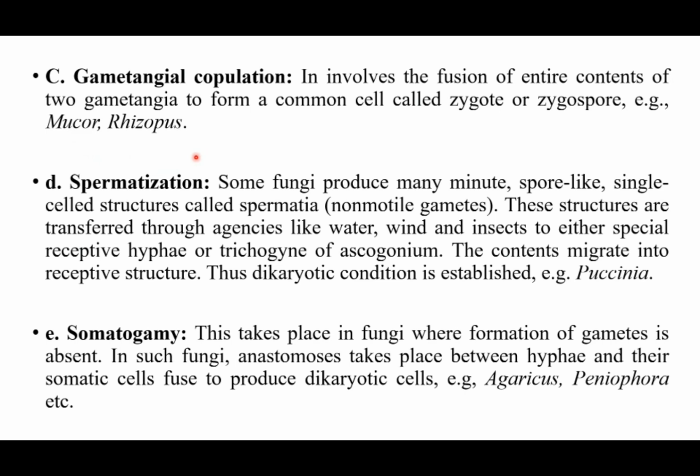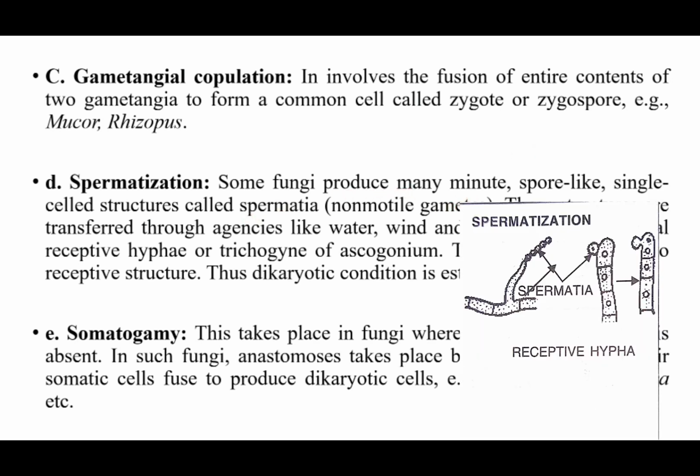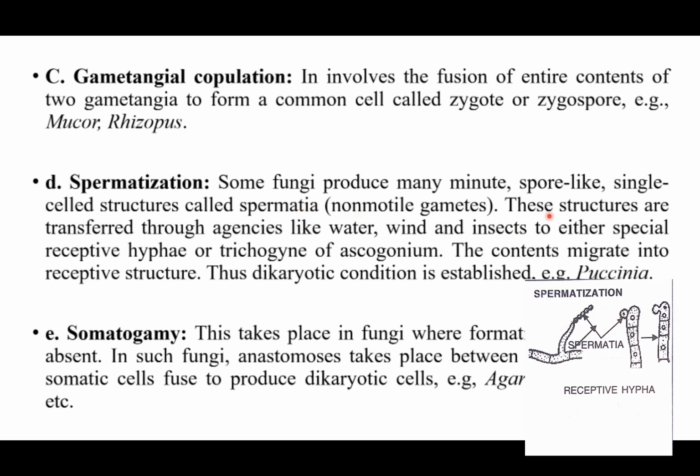So what is the difference between the previous one and this gametangial copulation? In the previous one, it involves only the transfer of the nucleus, but here it is the fusion of the entire content of gametangia. Then spermatization. The fungi produce many minute spore-like single-celled structures called spermatia, which are non-motile gametes.